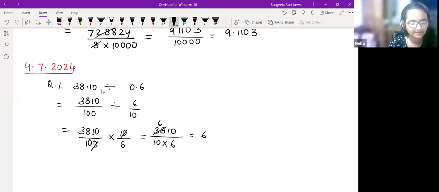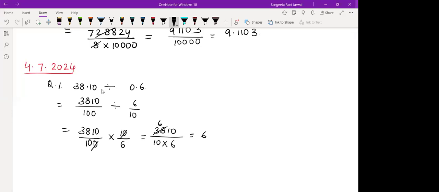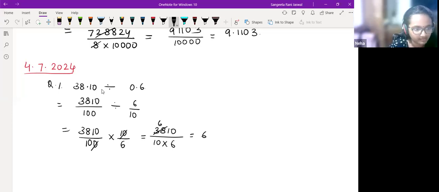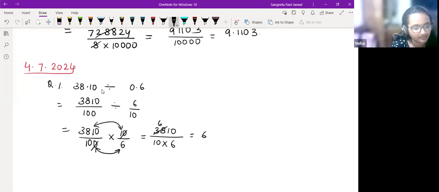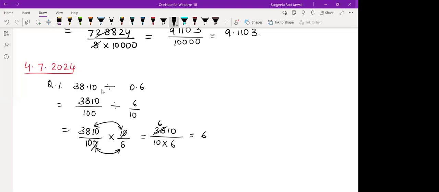Ma'am, shouldn't we multiply? Where? Because there's a multiplication sign. This is a multiplication sign, no? So numerator will multiply with numerator, denominator will multiply with denominator. Yes. And then it is a divide sign in between. Okay. See, 3810 multiplied by 1.